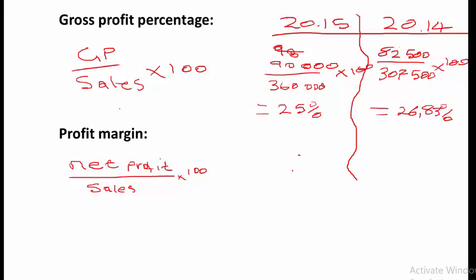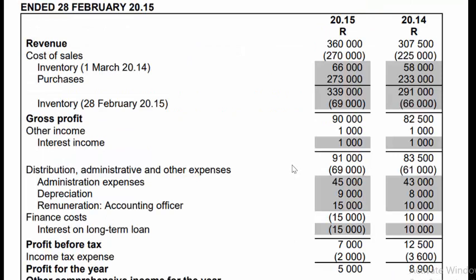We already checked out net profit, but we are going to go back to our financial statements to check the net profit again, where we have your profit before tax of 7,000 as well as 12,500.